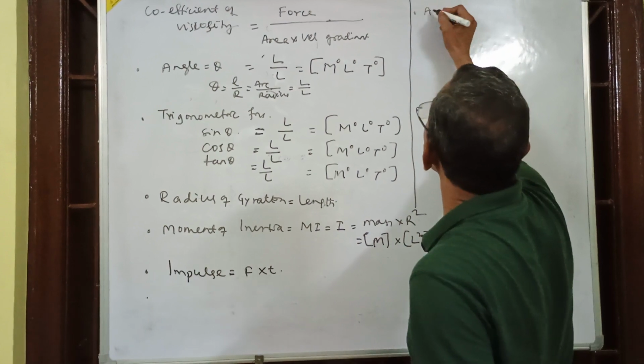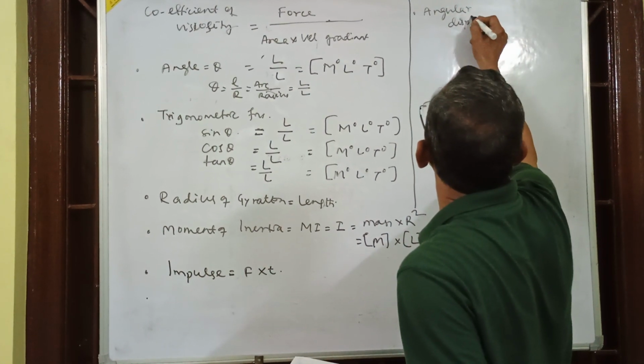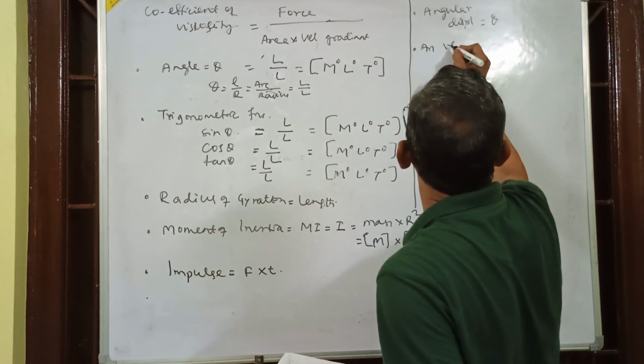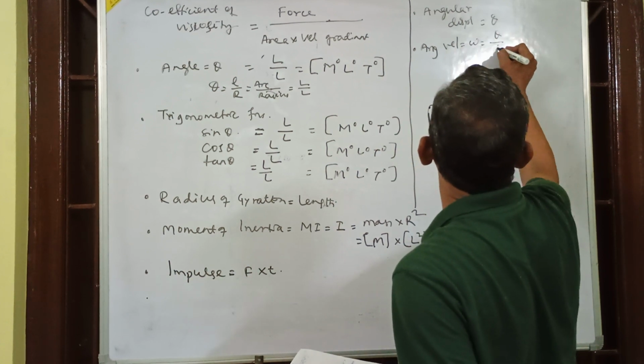Next, angular displacement is theta. Angular velocity omega is theta upon t.